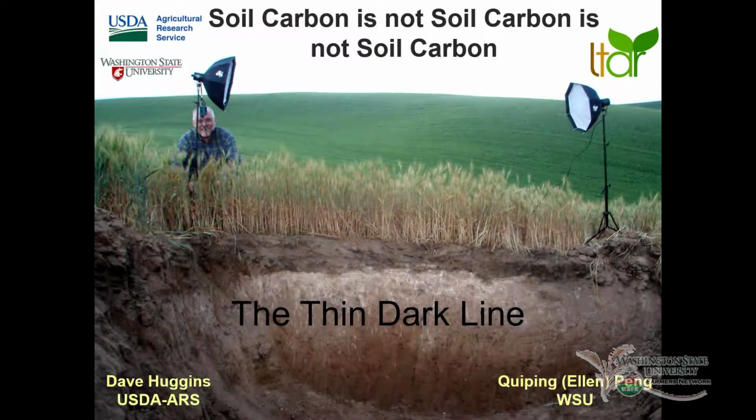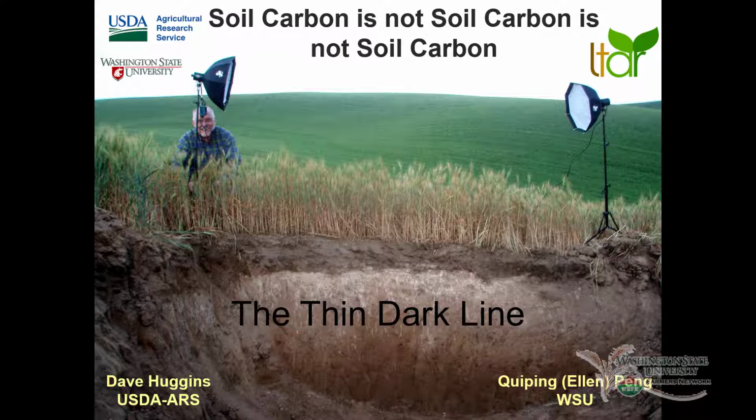I love this shot. This is a soil profile from the Cook Agronomy Farm, just outside of town here. And the title: soil carbon is not soil carbon is not soil carbon. I've been studying this for about 20 years now. The purpose of that is just to say, oh my gosh, there's a lot of different kinds of carbon in the soil.